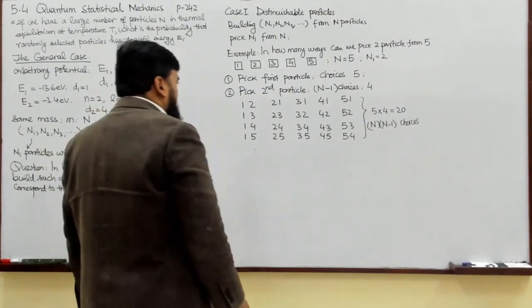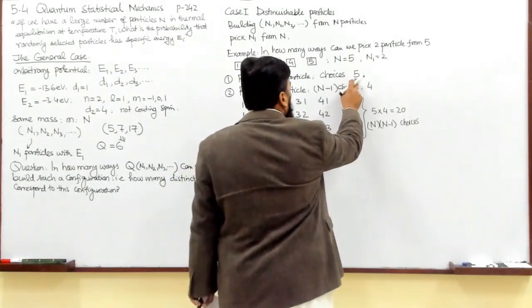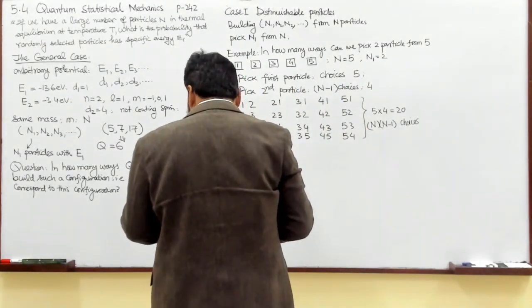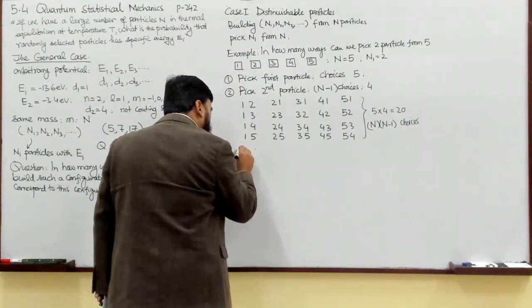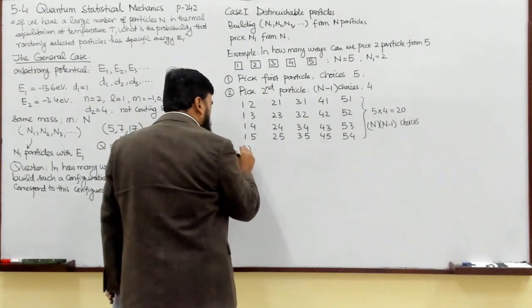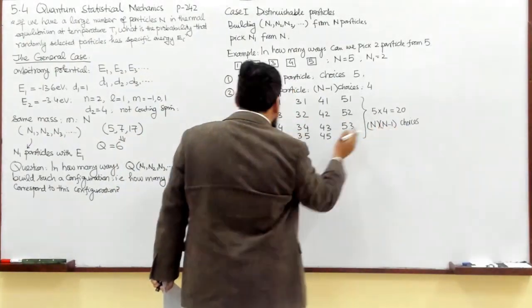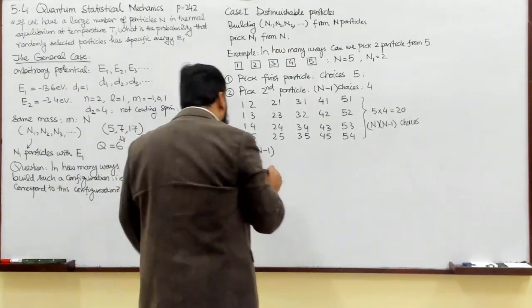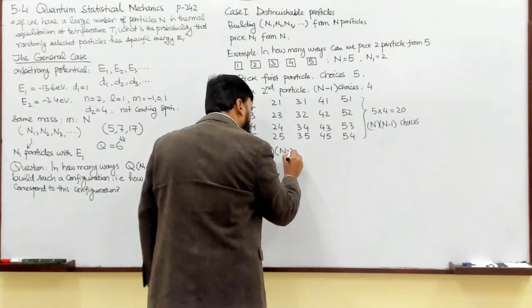But generally, if I talk not in terms of 5 and 4 but of n particles, the number of choices will be n, then n minus 1, and then n minus 2.